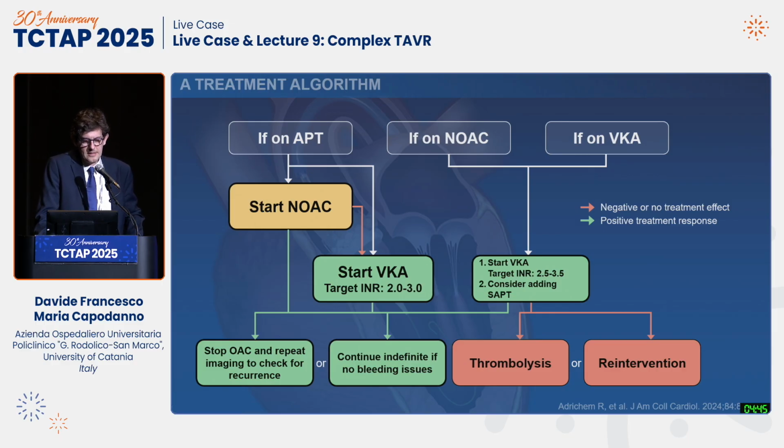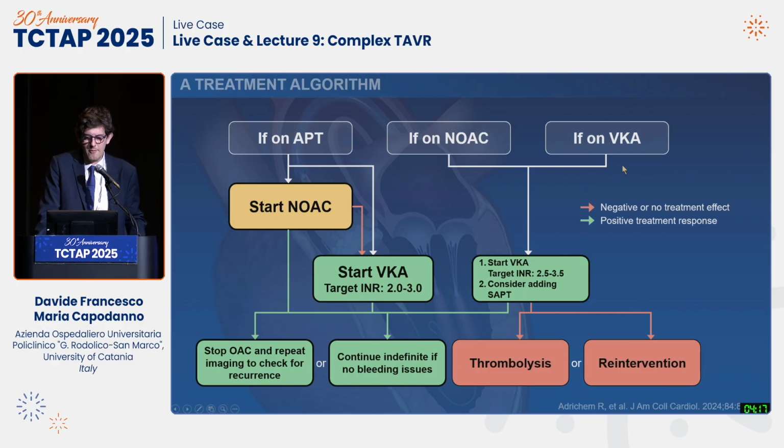Then, of course, this may resolve the thrombus or may not resolve the thrombus. If we try with the NOAC and the NOAC doesn't work, we will go to the VKA. If everything works, we stop the oral anticoagulation, and we repeat the imaging in order to check for recurrences. So there will be a kind of follow-up series in these patients, of course. If all of these strategies do not work, then we have to continue or try other strategies.